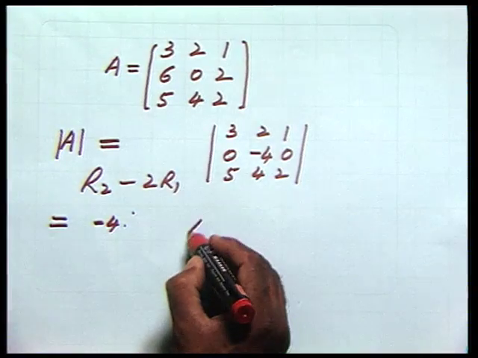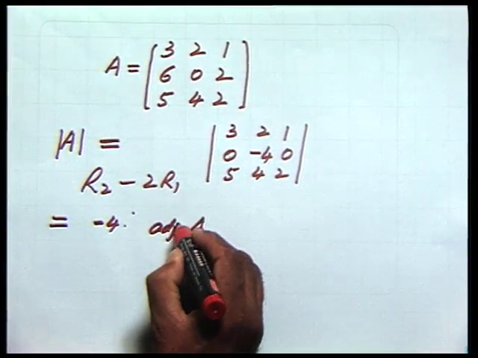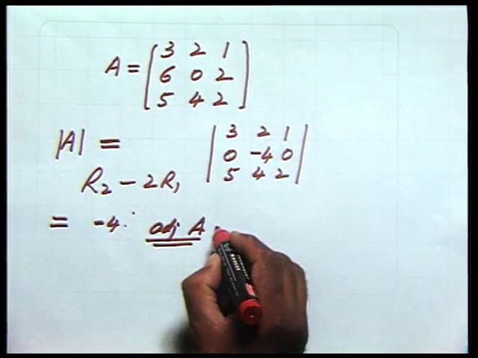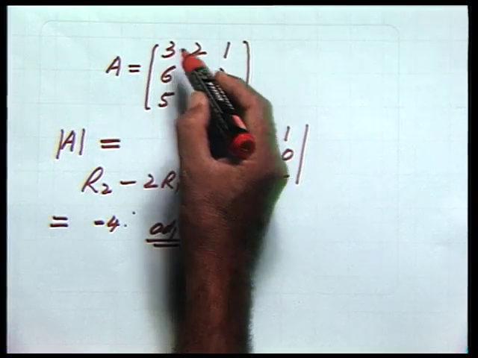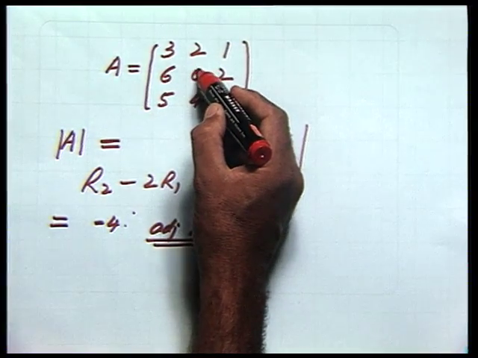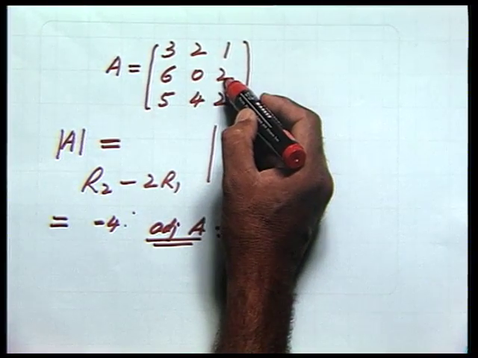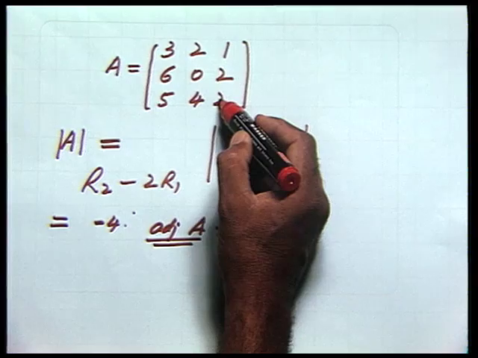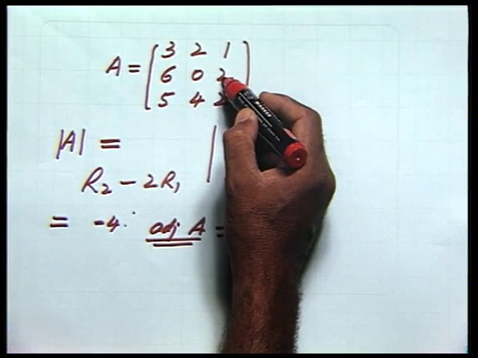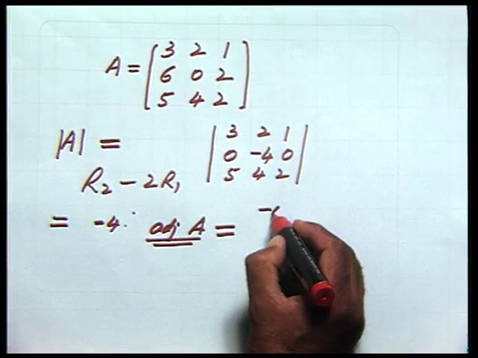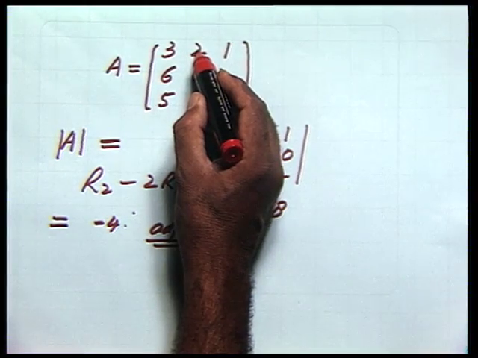So, we write the adjoint of A. This is what we are trying to find out. For adjoint, cofactor of 3, what is that? This one, 0 times 2 and minus 8, 0 times 2 is 0, minus 8, that gives you minus 8. 2, mind you, this is going to be negative.